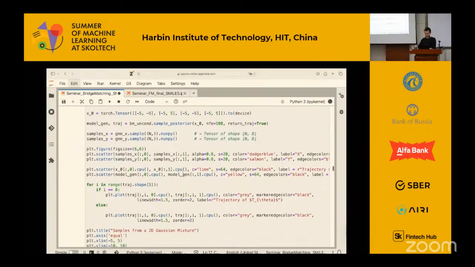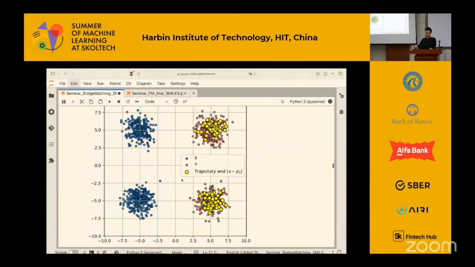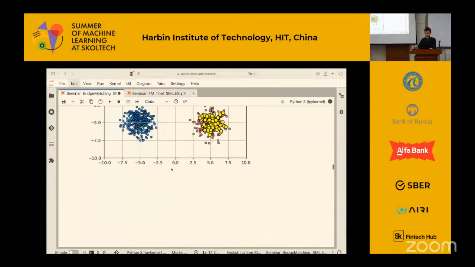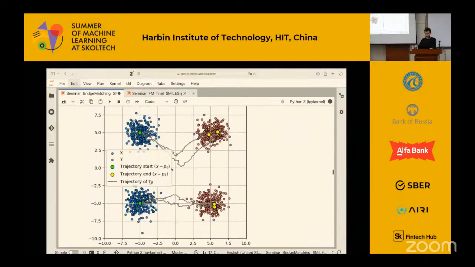But fitting the final distribution is one thing. Now let's take a look at the trajectories, which will be quite interesting. So we have these interesting trajectories that have some kind of center.